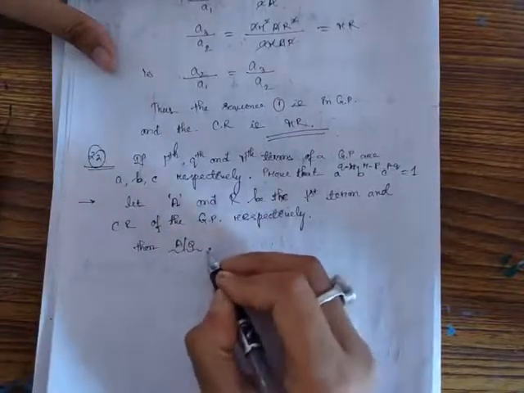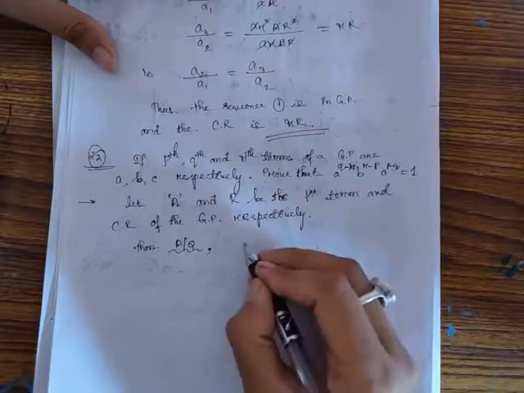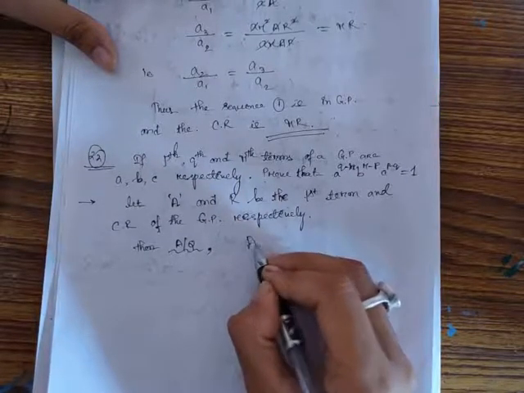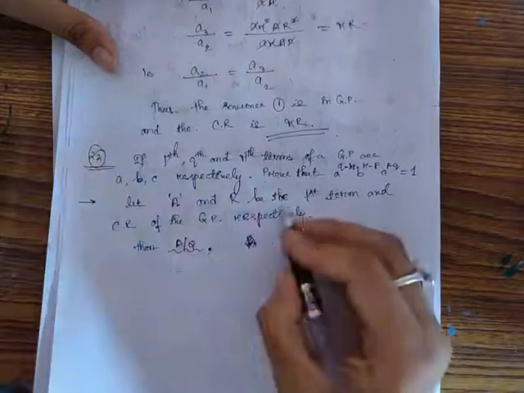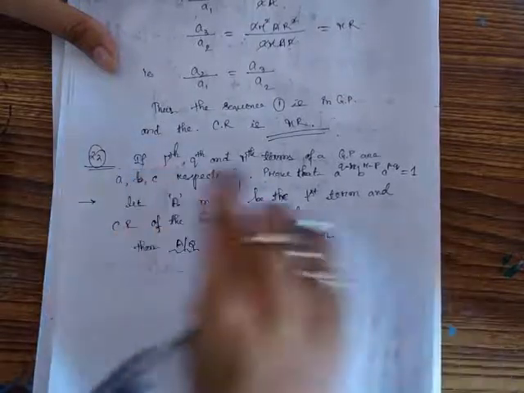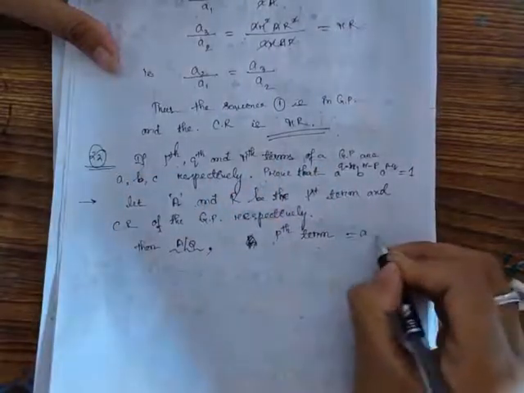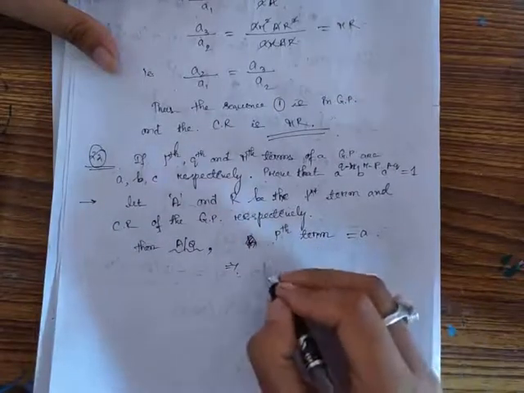Then according to the equation, pth term, what is the value given? Pth term of the GP, capital A. How do we find nth term? A plus n minus 1 into r.